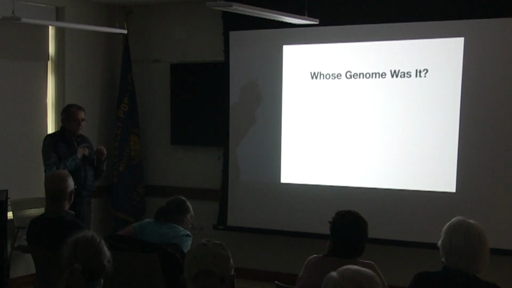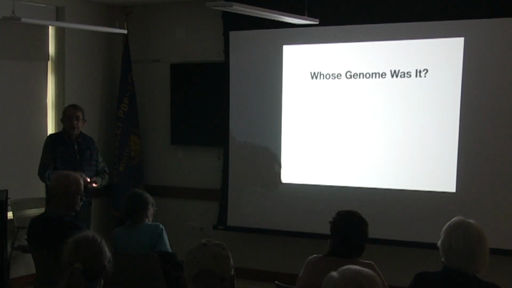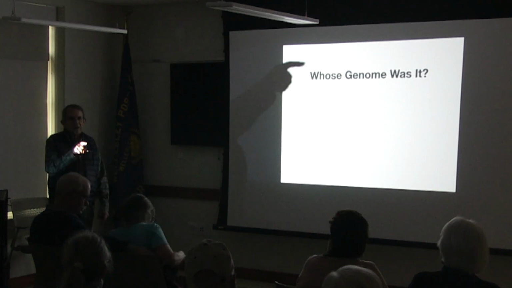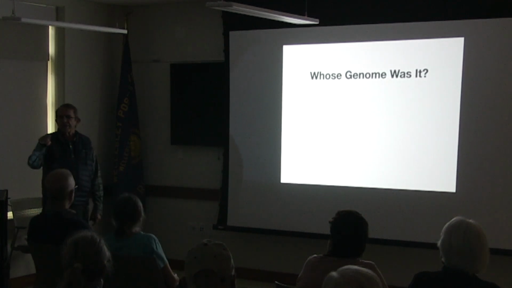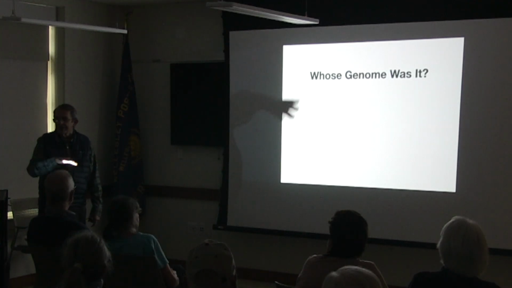And they would do them separately, line them up, and say, well, in 15 of the people, it's a G here at this position. In 2 of them, it's something else. So we'll kind of take an average, okay?